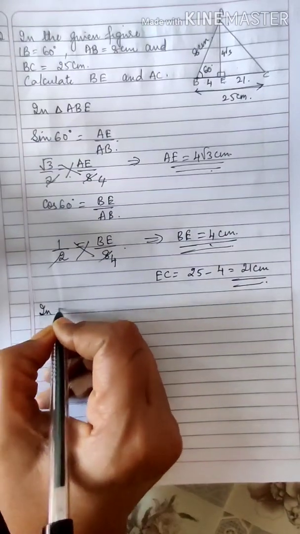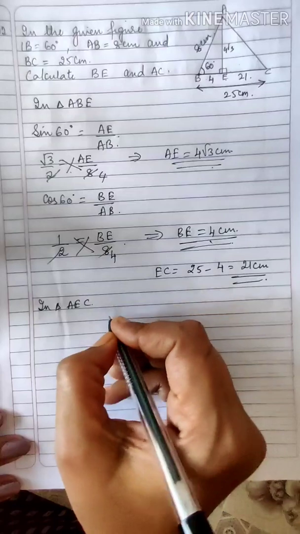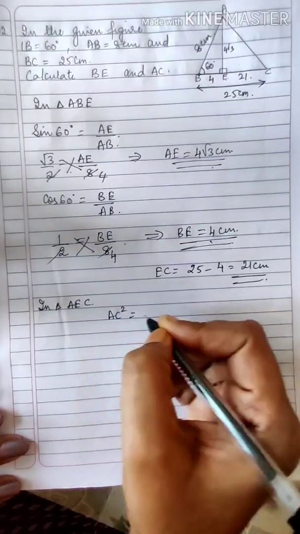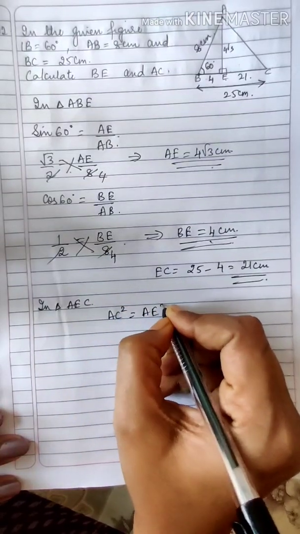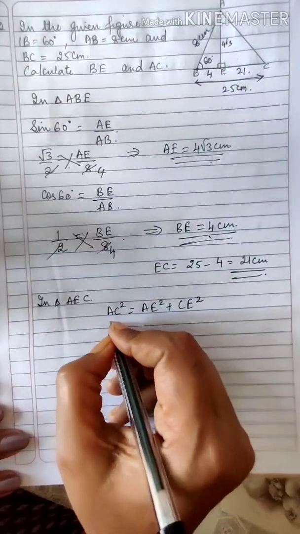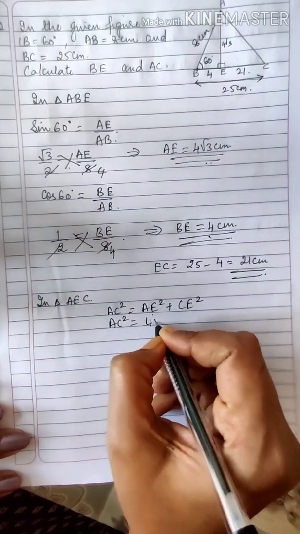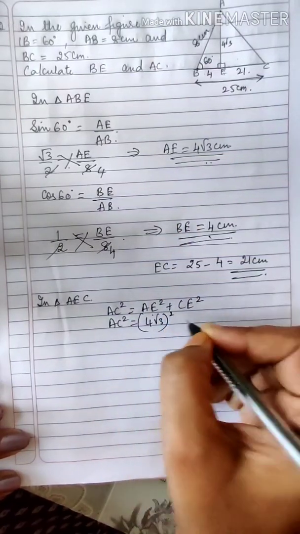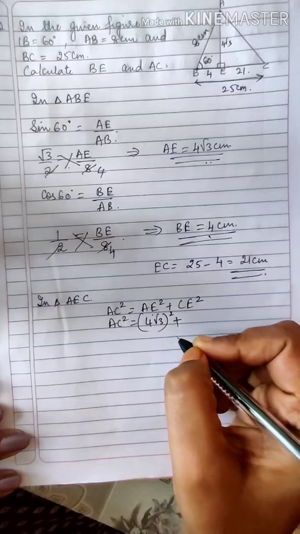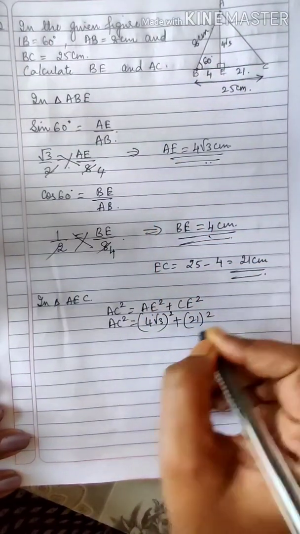So in triangle AEC, you can apply the Pythagoras theorem, which will give you AC square is equal to AE square plus CE square. AC square is equal to, you know the value of AE, which is 4 root 3, the whole square, plus CE, which is 21 square.